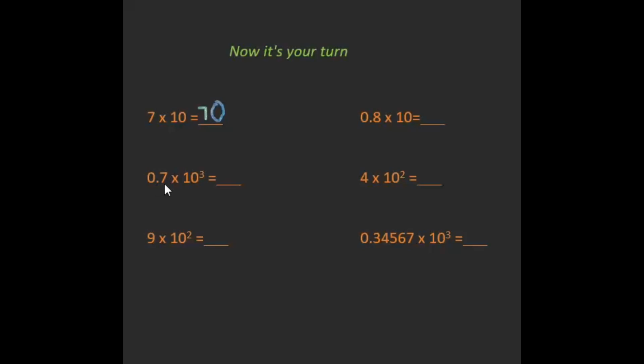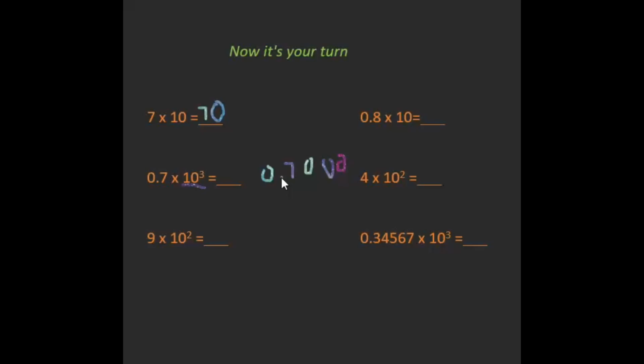0 and 7/10 times 10 to the power of 3. 10 to the power of 3 is 1000. So let's write down 0 and 7/10, and there's infinite zeros back here. Remember that. Now let's move the decimal point.